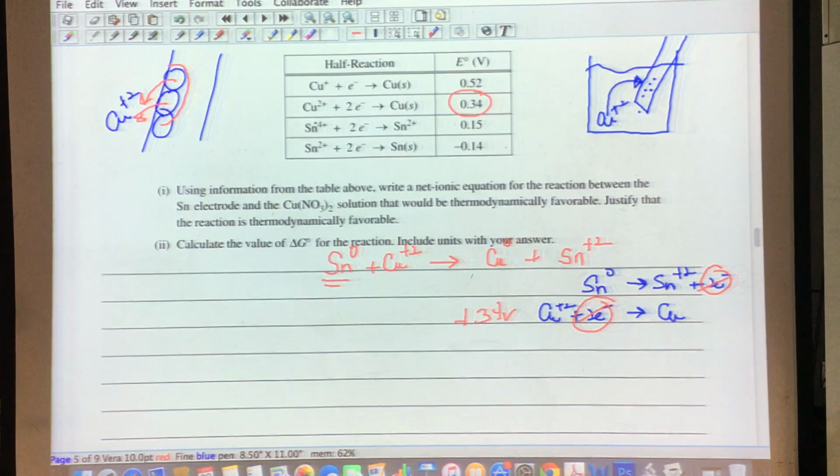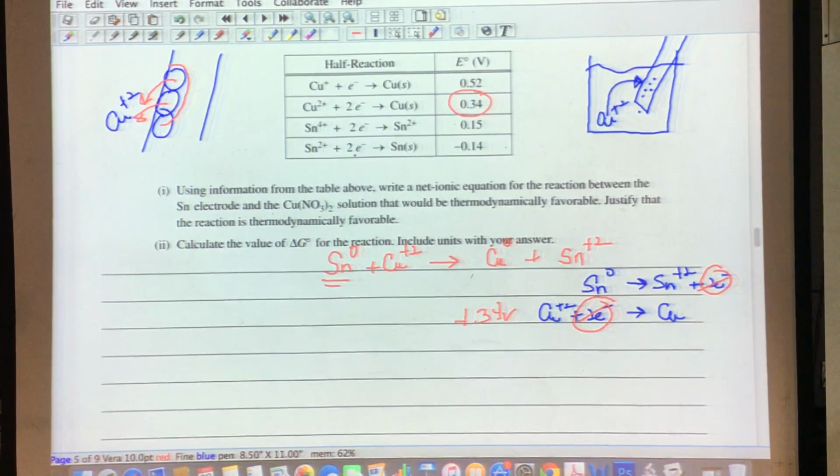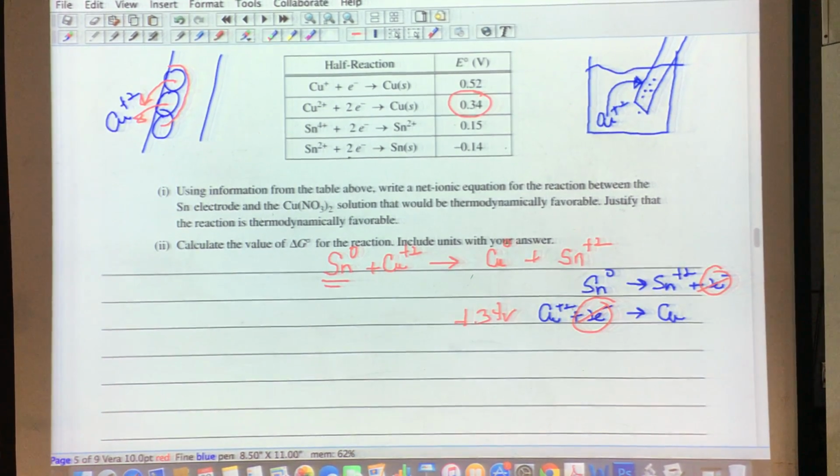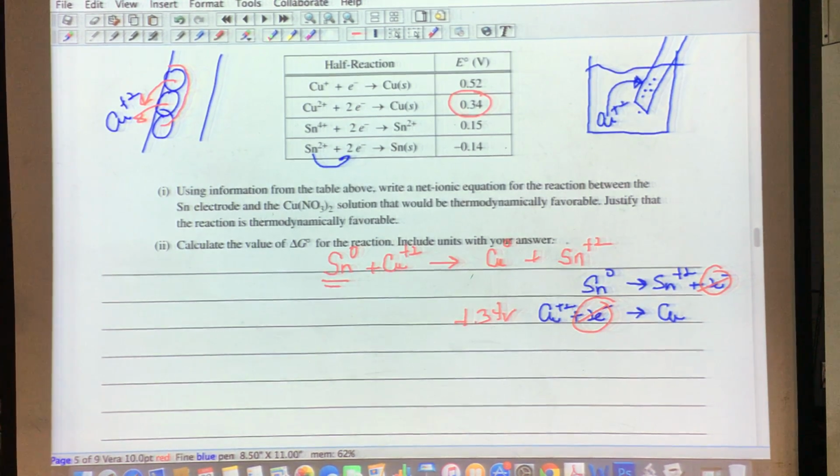Now you could have used tin plus 2 or tin plus 4, it didn't matter. I used tin plus 2. But this is reduction. What do I have here? Oxidation. So what do I do with these reduction potentials?